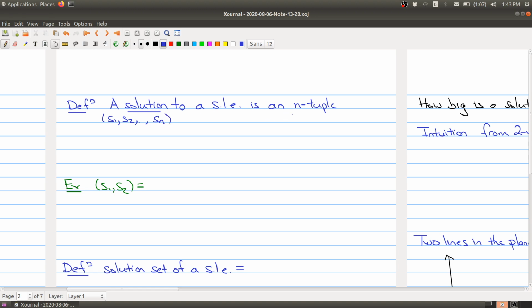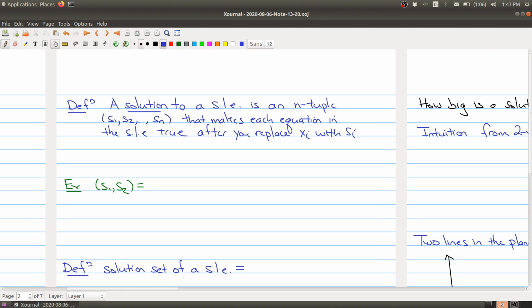So it's a collection of n numbers that makes each equation in the system of linear equations true after you replace xi with si.